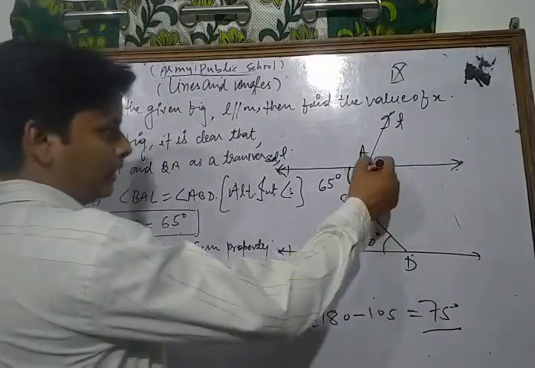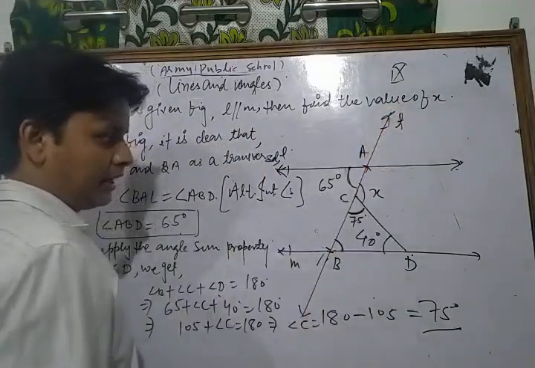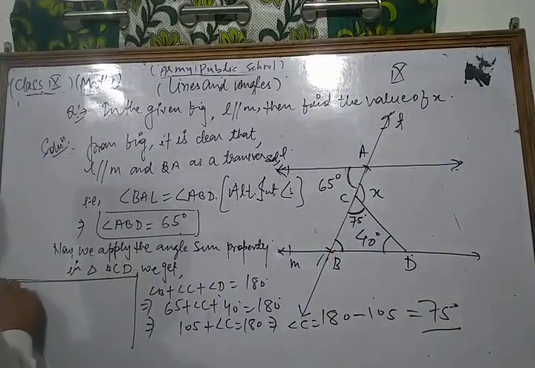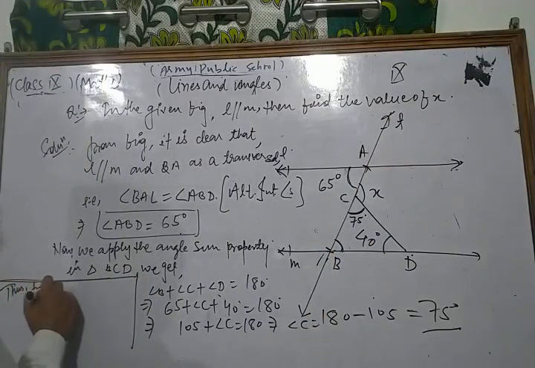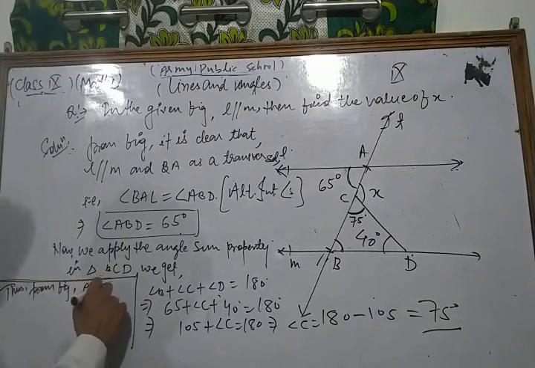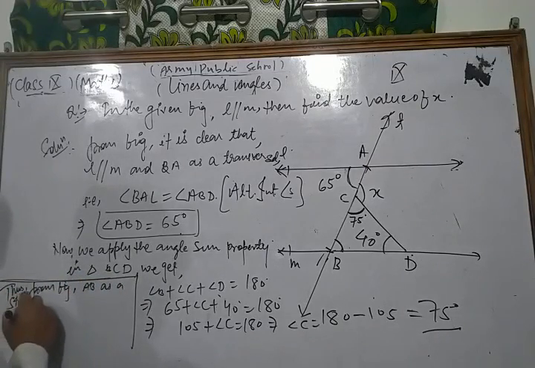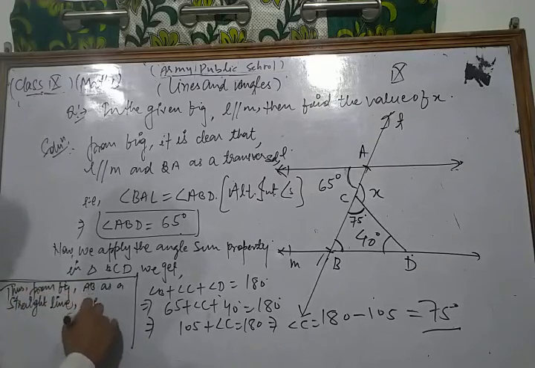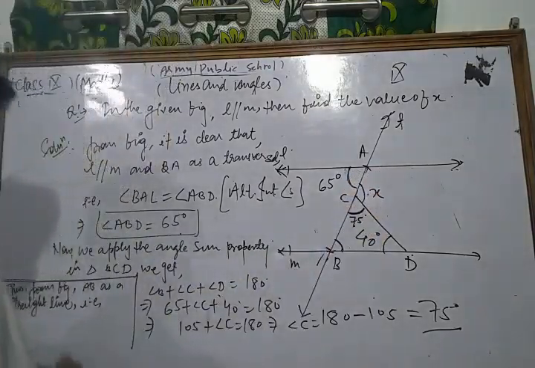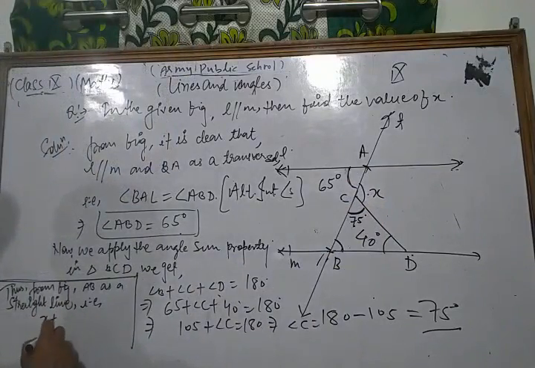Again from the figure, AB is a straight line, that is, the sum of x and 75 is equal to 180. That is, x plus 75 is equal to 180. Now from there, what is x?